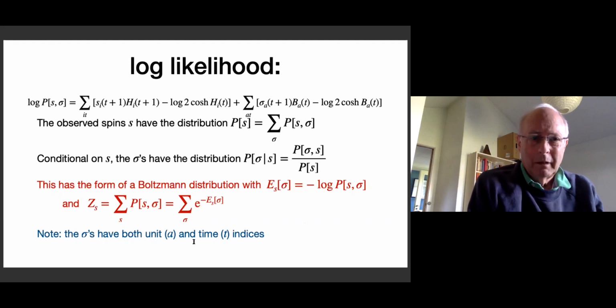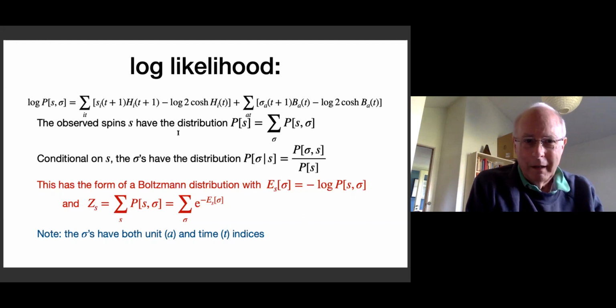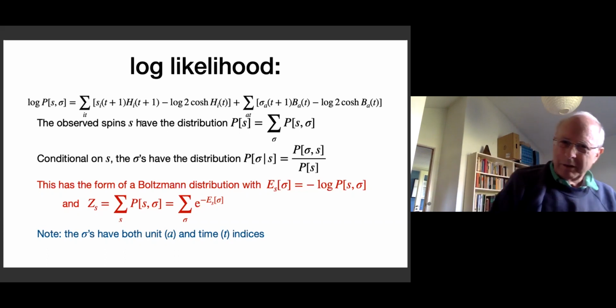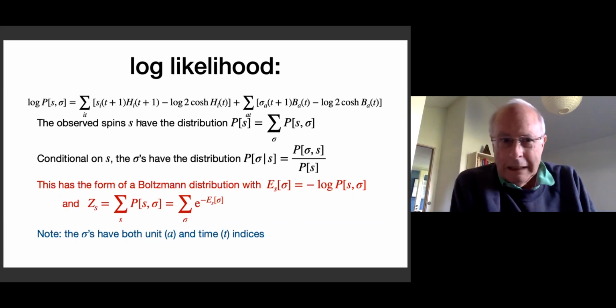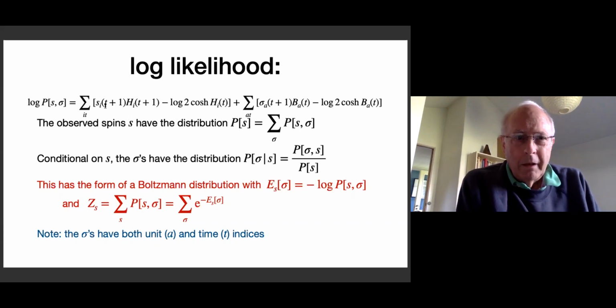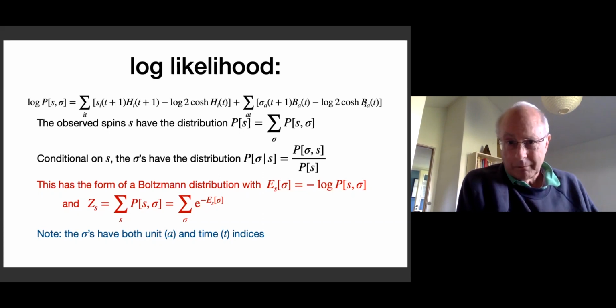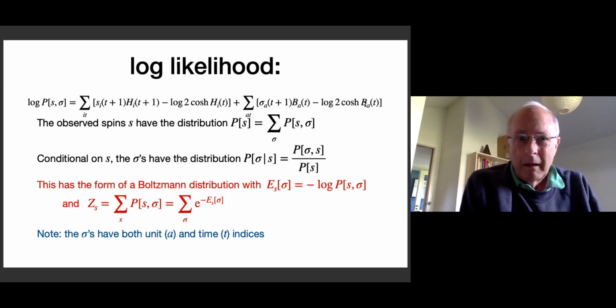And the log likelihood of the whole thing, forgetting about which ones are visible and which ones are hidden, which ones are measured, you get the same kind of term as before: sigma times B minus log twice cosh of B, where B is the field on the hidden parts.